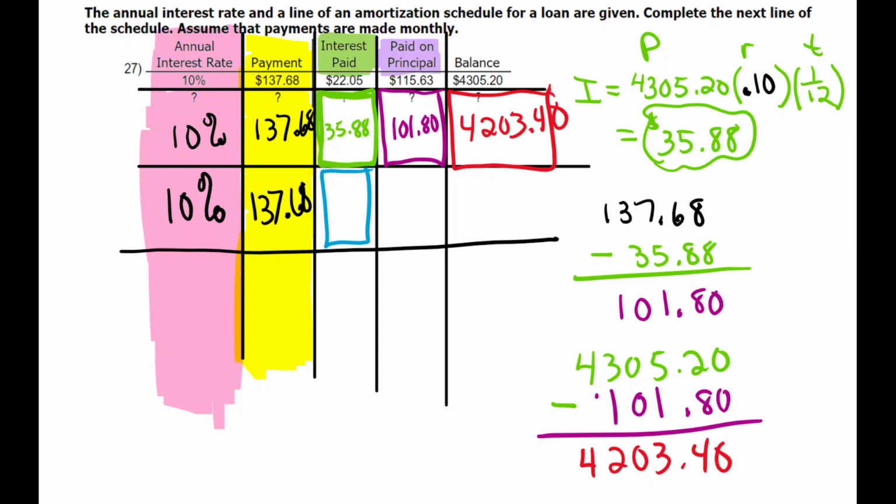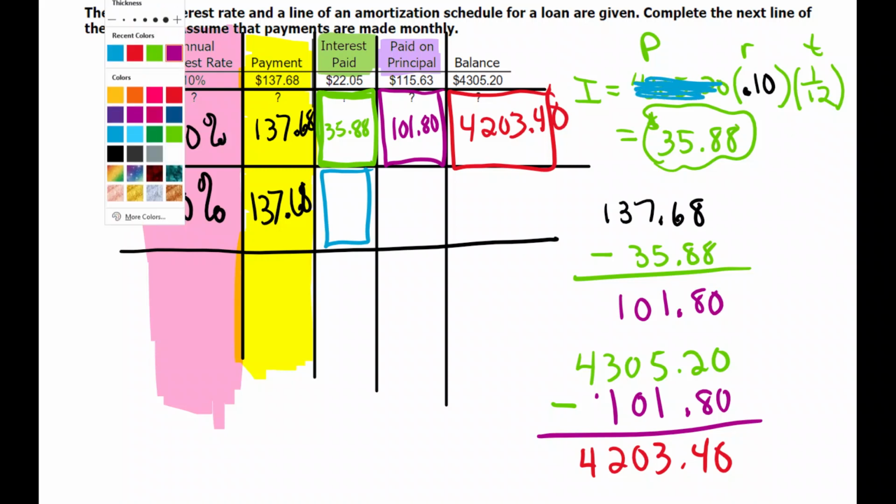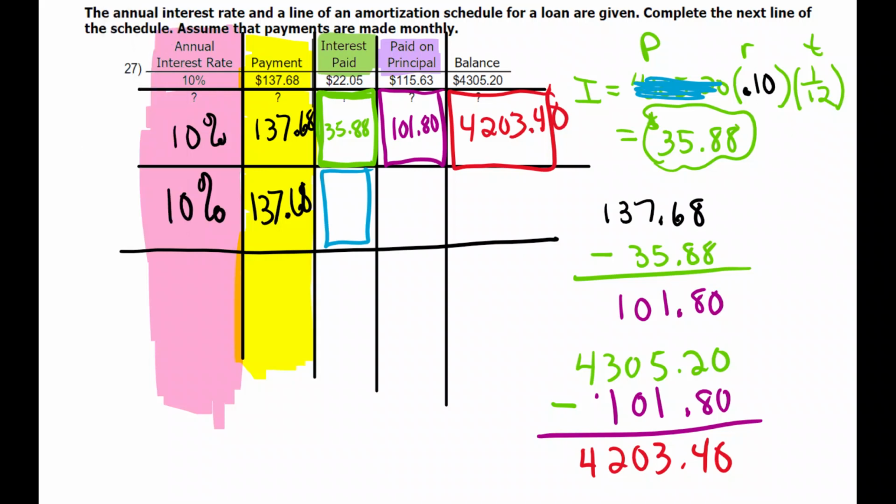This box is going to be different because this 4,305, that isn't going to be there anymore. It's going to be the new number of 4203.40.